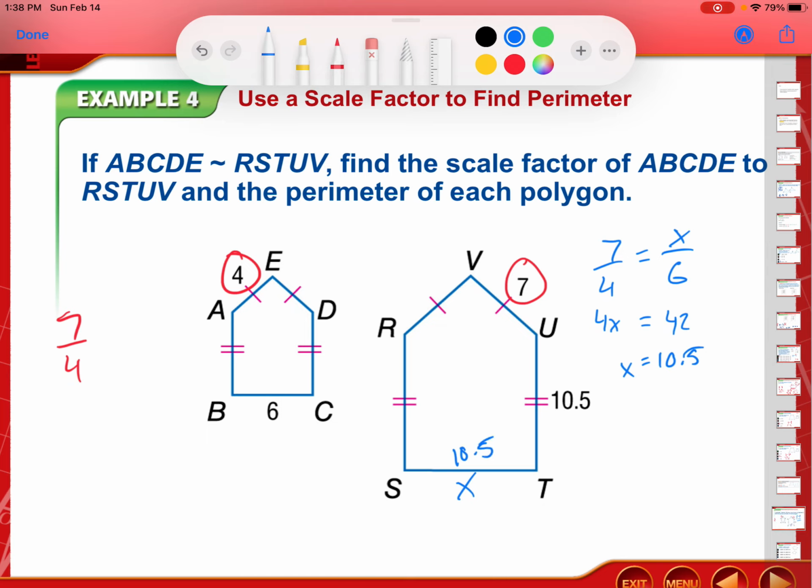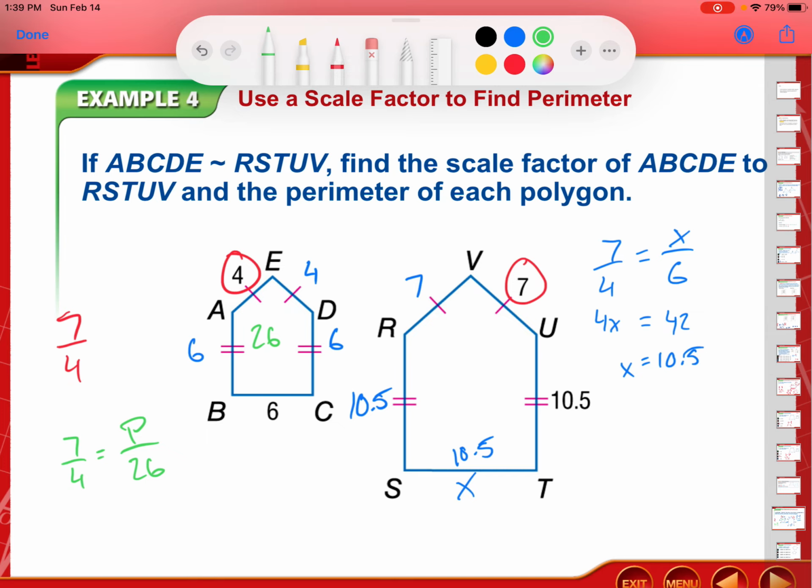So we got 10.5, 10.5, 10.5, and 7. And on this one, we would have 4. And then we know that these three sides are the same, so these three must be the same, 6, 6. So our respective perimeters are going to be 26 units. And we could say 7/4 equals unknown perimeter over 26.